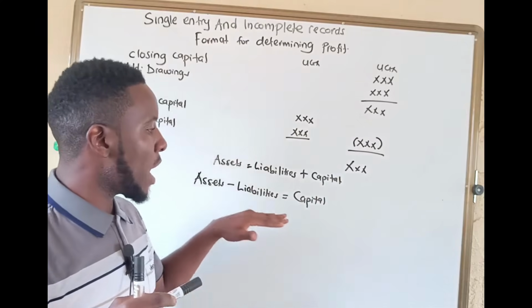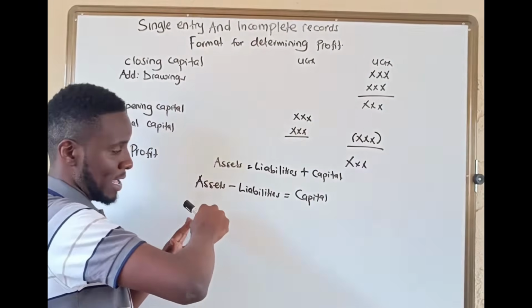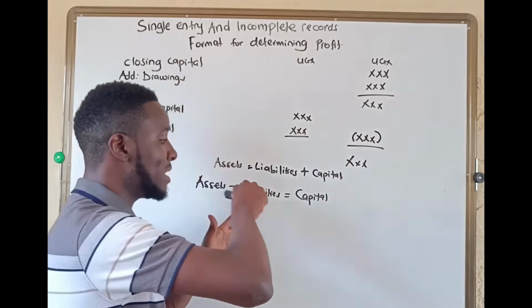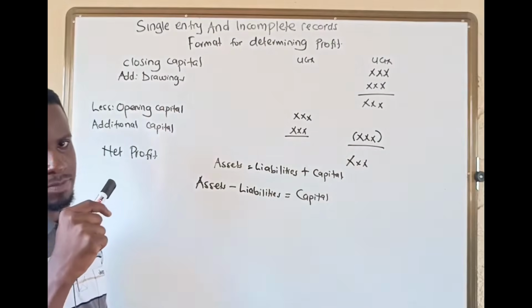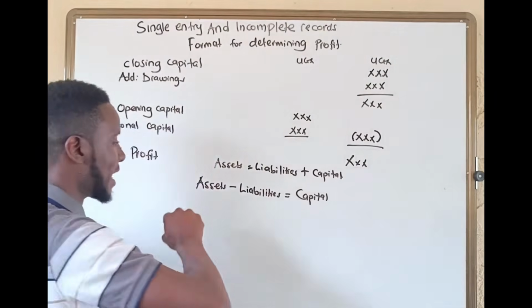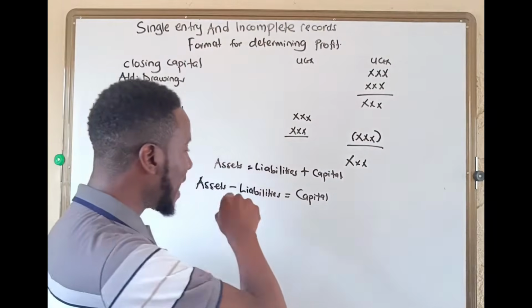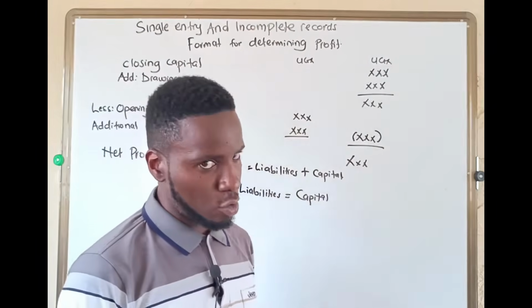We get the assets at the beginning of the year, then subtract the liabilities at the beginning of the year, and we get the opening capital. The same applies to our closing capital. We get the assets at the closure of the year minus the liabilities at the closure of the year, then we get our closing capital.